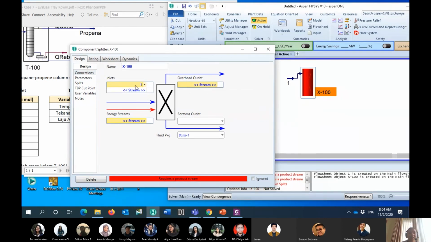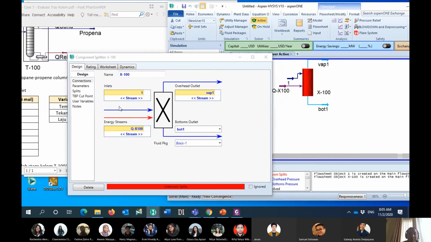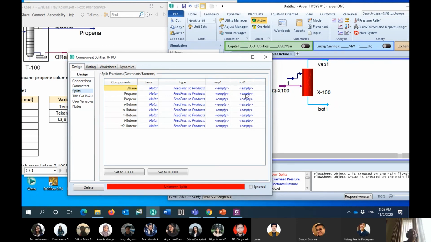For example, the inlet is coming from stream number 1, the overhead will be vapor 1, the bottom will be bottom 1, and for the energy stream, for example, QX100. It mentions unknown split, so we can go to the split here.